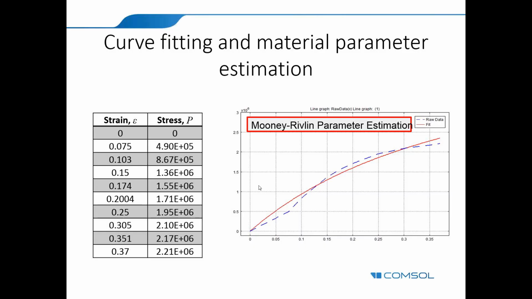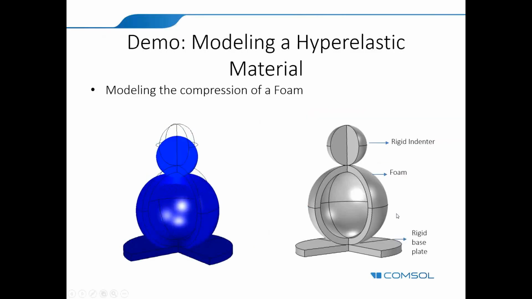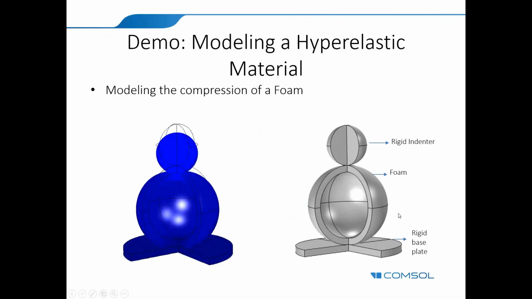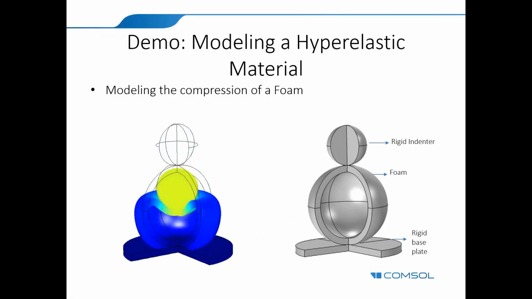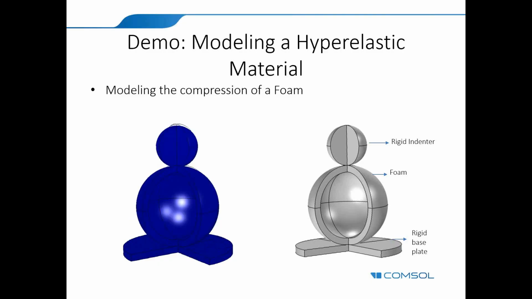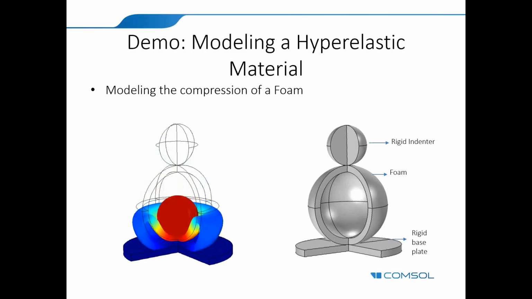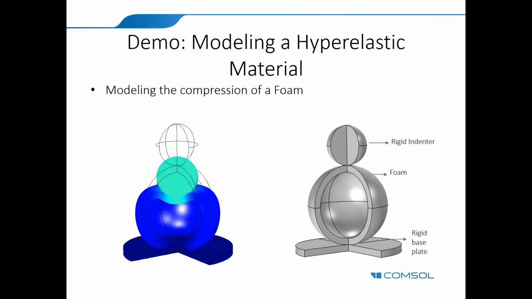So let's take a look at an example here. What I'm going to model here is a hyperelastic foam in COMSOL. The example that we have here is that of a highly compressible foam compressed by a rigid indenter.